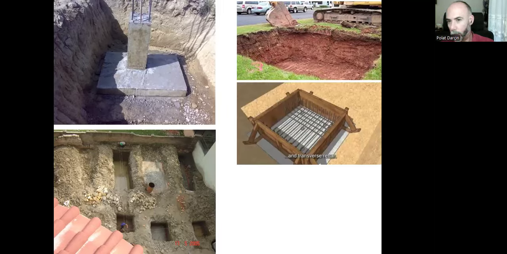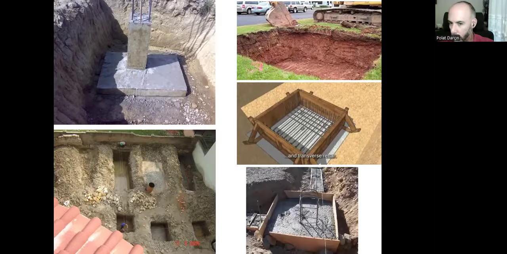Once we excavate the area, we can do the formwork for the footings, place the reinforcement bars, then pour the concrete, and once it's strong enough, we can take the forms out and continue with the foundation columns. As you can see, there are dowels. First, we construct the footing with the dowels.